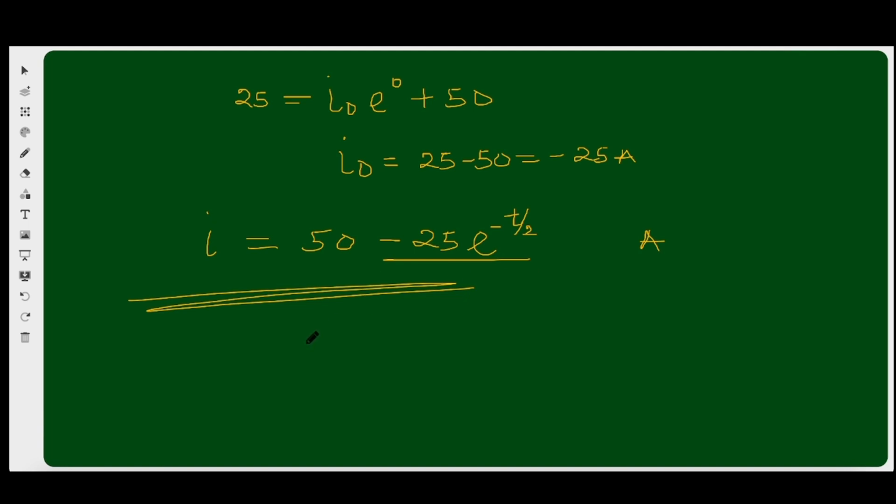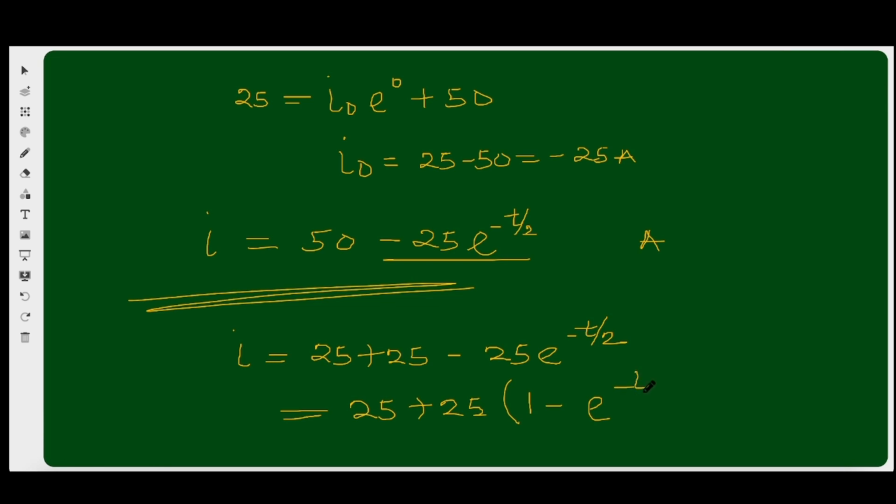If I want to write it as a single expression, I can write I is equal to 25 plus 25 minus 25 e raised to power minus t over 2. So I'll have 25 plus 25 times bracket 1 minus e raised to power minus t over 2, and that's it.